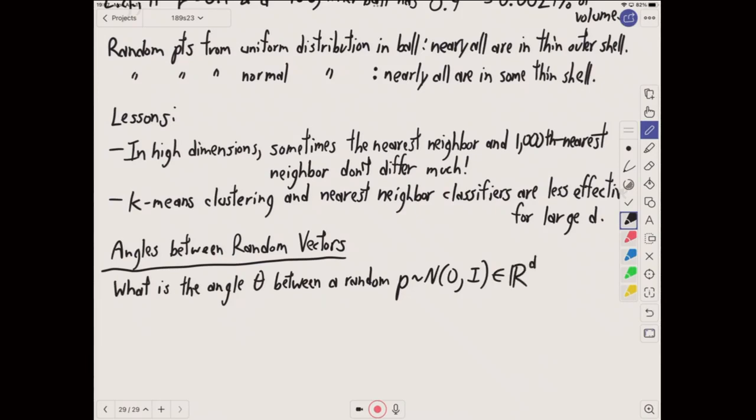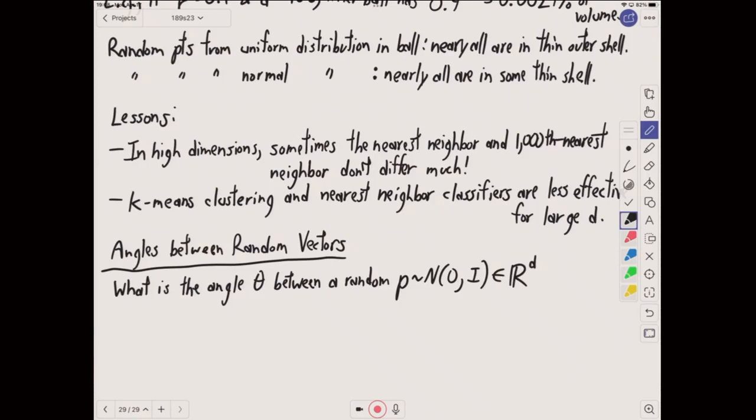Here I'm going to go with the normal distribution, but what I'm about to say applies not only to the normal distribution, it would also apply to points that are uniformly distributed in a ball. The only thing that really matters here is that all directions are treated the same by our distribution. So Gaussian distribution, uniform distribution, as long as every direction is equally likely, it's going to come out the same.